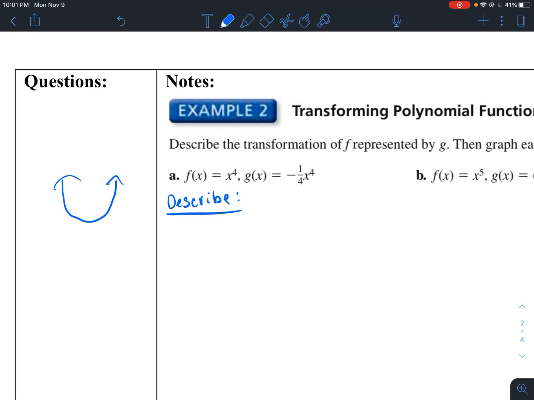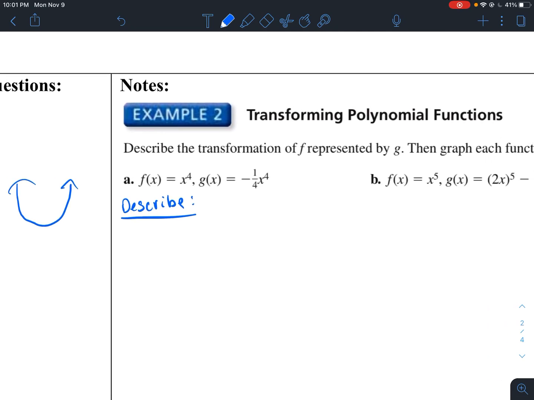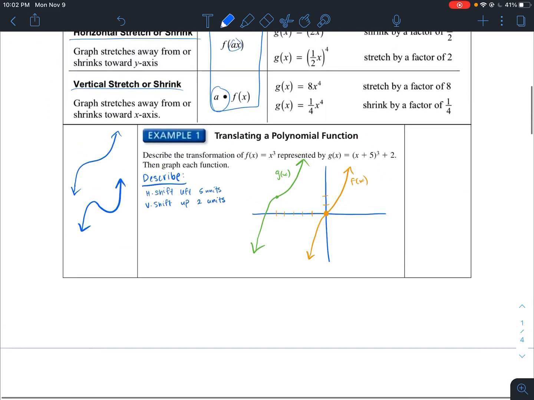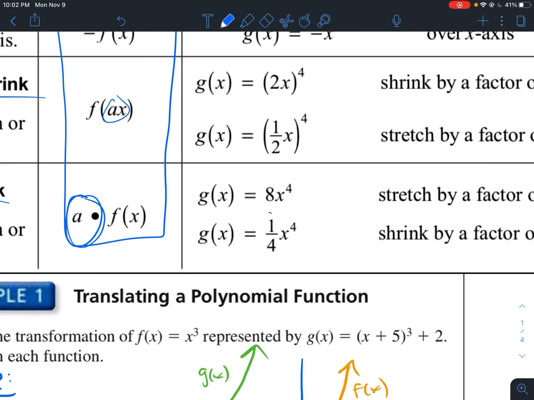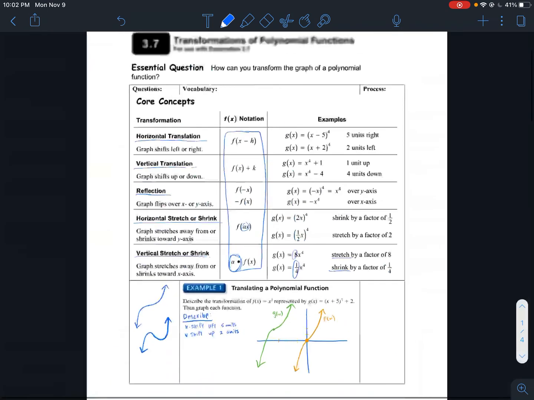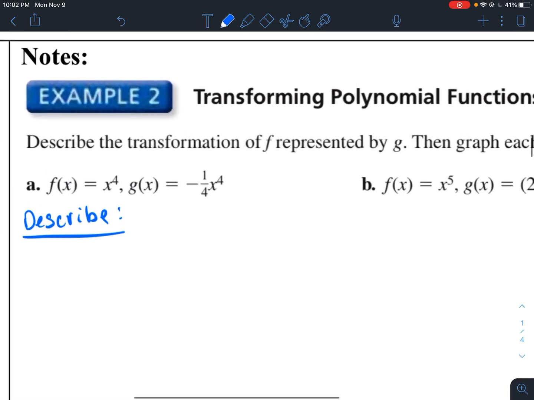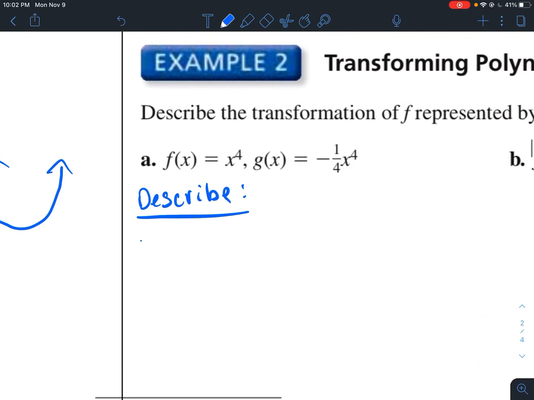Okay, so if we were to describe this function, we don't have any shifts occurring, but we do have a negative being multiplied and a 1/4. So that means if we have a times f of x, so right here, like a 1/4, this is going to be a shrink because it's less than 1. If it's a stretch, it's going to be greater than 1. So we know that we're going to have a vertical shrink by 1/4.